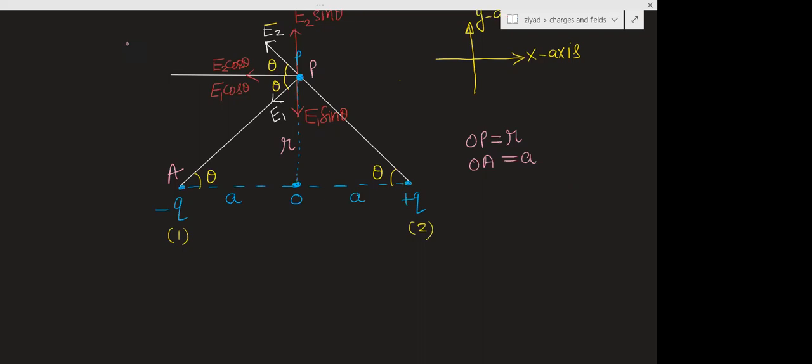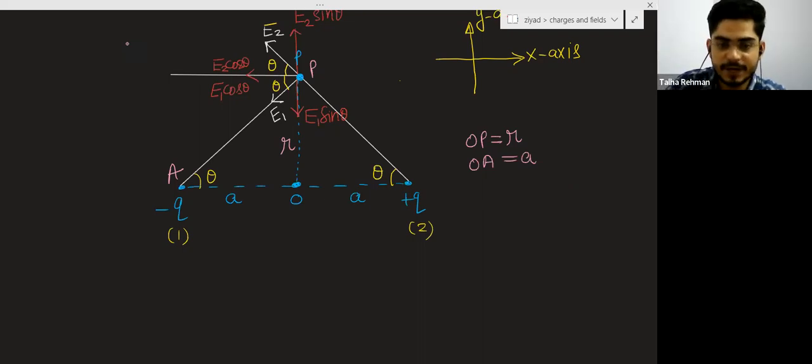Fine. So we have a triangle. I am just making the triangle here.